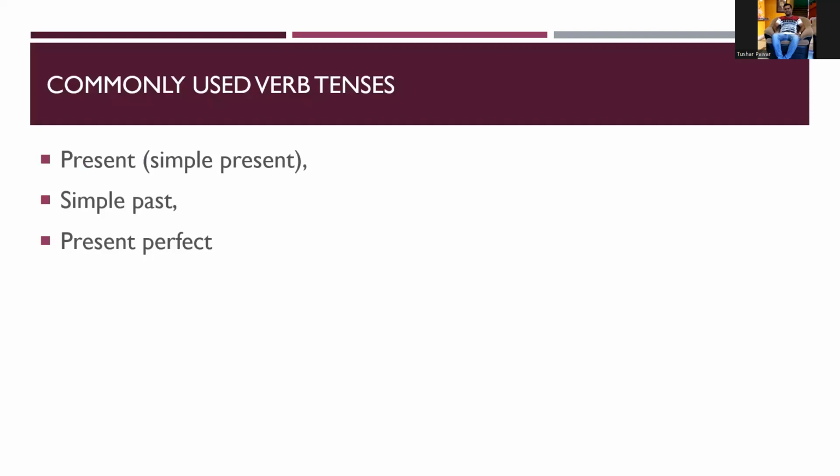Now verb tenses, or what tense I should use to write my research paper. Preferably simple present, simple past, and present perfect. My whole research paper, thesis, dissertation, report, whatever it is, is a blend of these three tenses: simple present, simple past, present perfect. You do not use past continuous or present continuous.